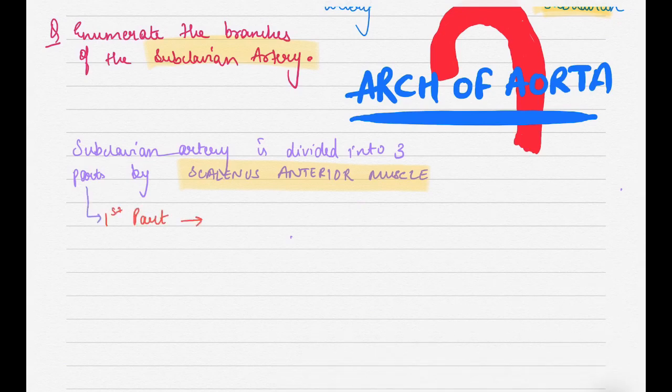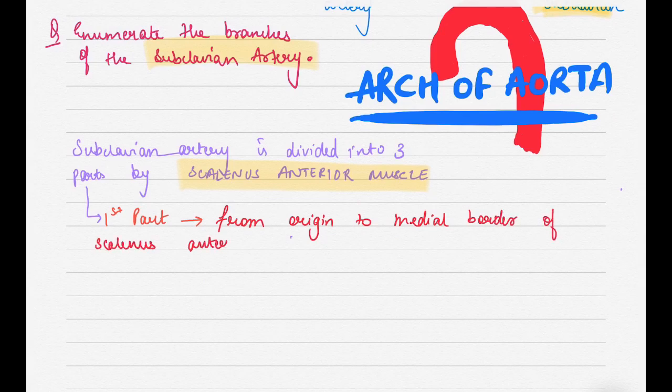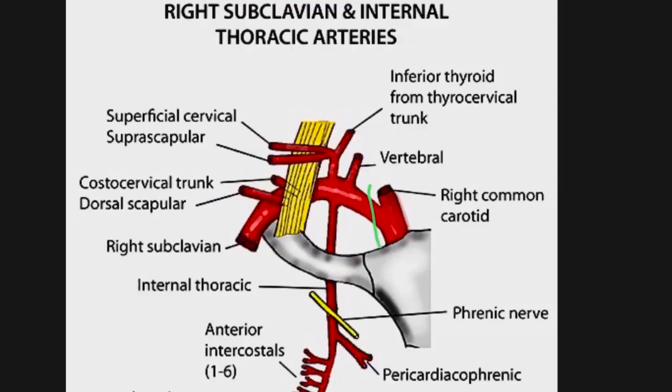The first part is from the origin to the medial border of the scalenus anterior muscle. So in this figure, here is the subclavian artery, and the first part is from the origin to the medial border of the scalenus anterior.